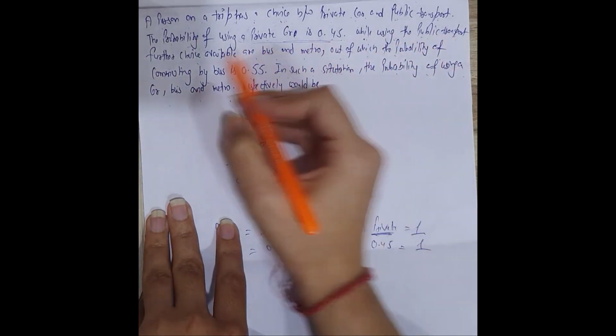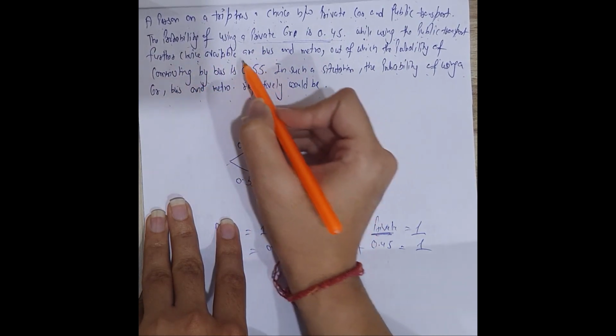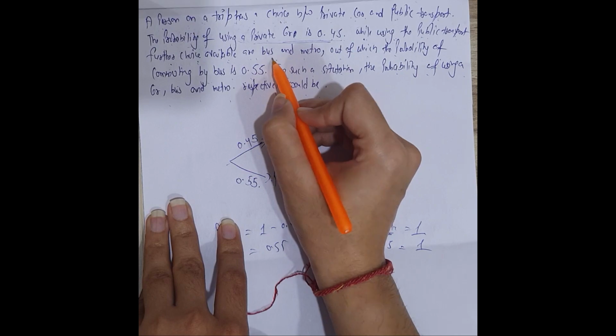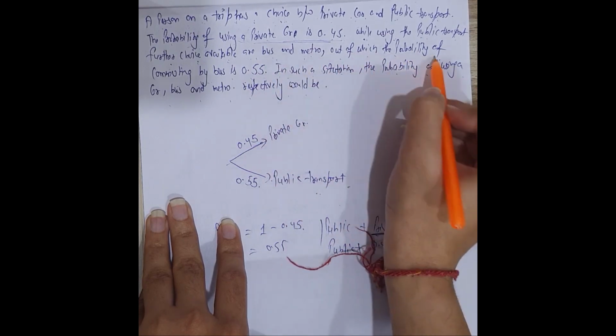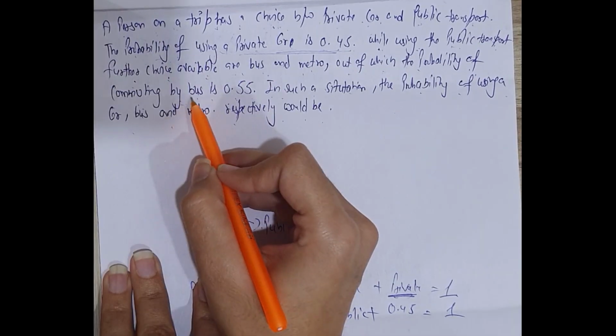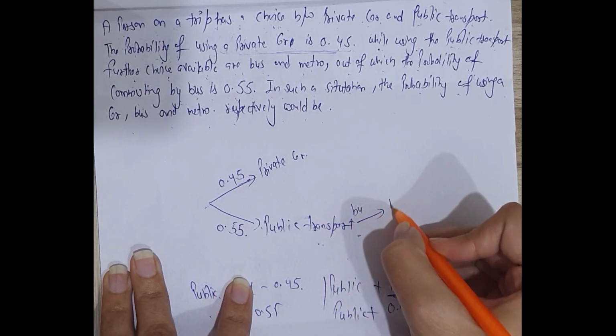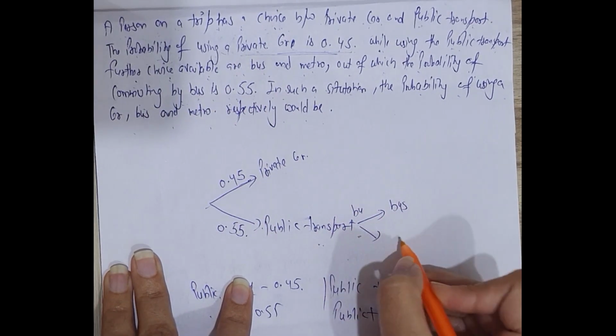While using public transport, further choices are available, that is bus and metro, out of which the probability of traveling by bus is 0.55. Here bus and here metro.